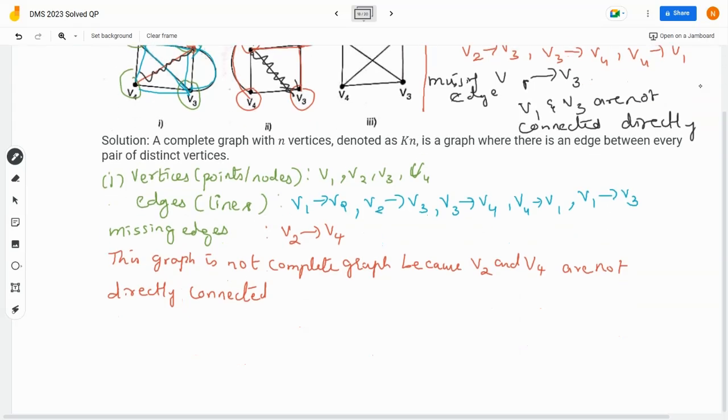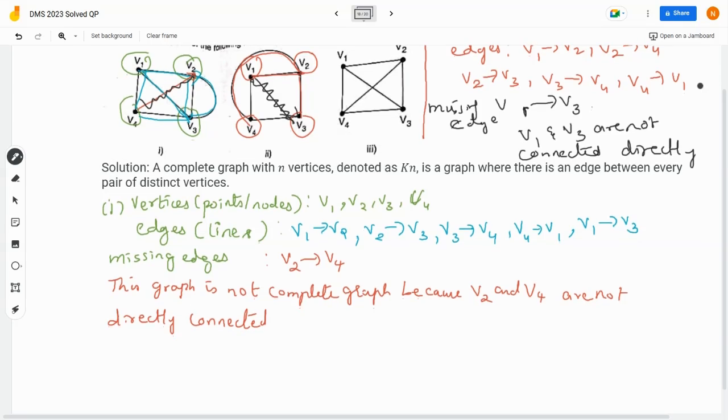So what will be the last one? That is the third one. How many vertices? It is again 4: V1, V2, V3, V4.